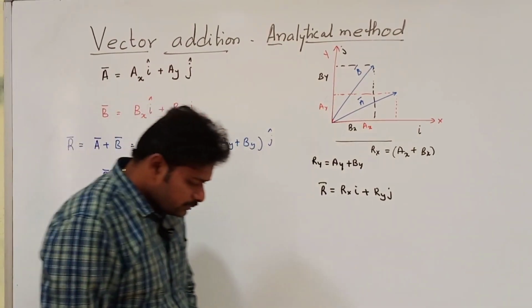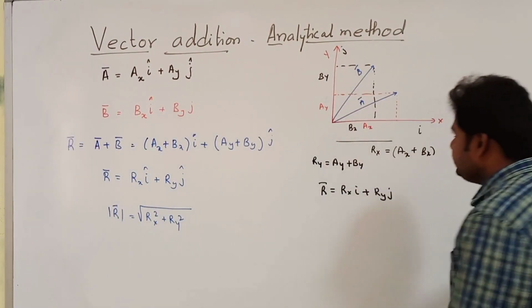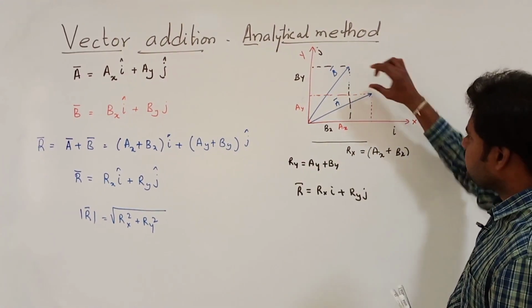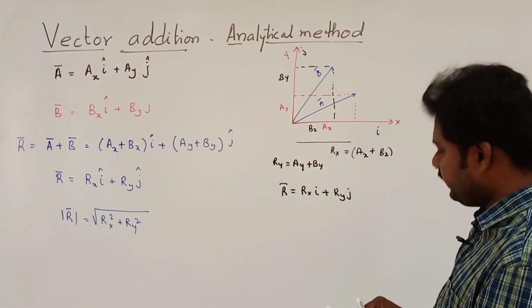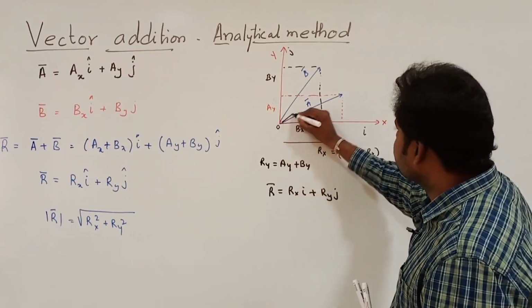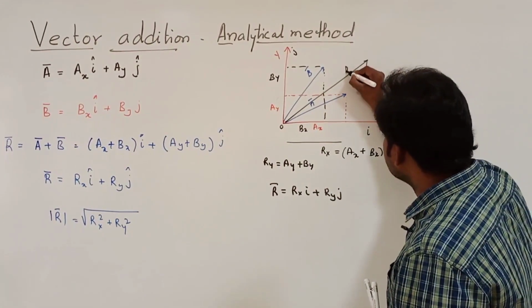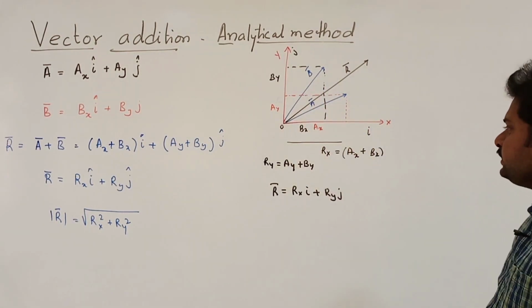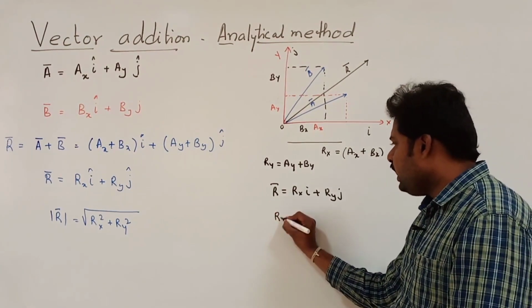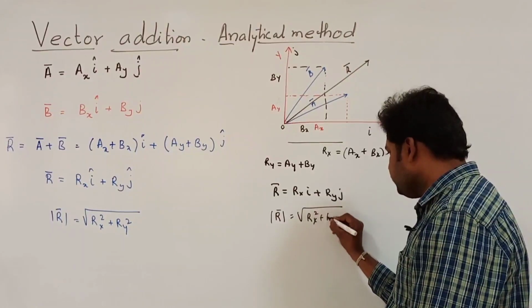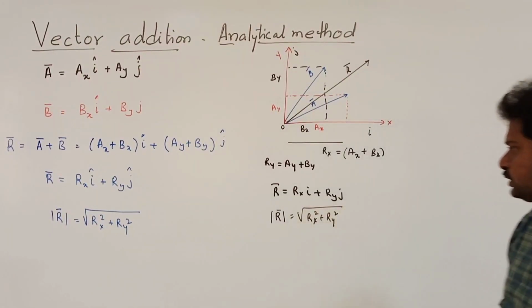Okay. Now the parallelogram law of vectors. Let's apply the simple parallelogram law of vectors. If the two vectors start from the same point, let's say O, the resultant vector should also be drawn from the same point. This is the R vector, which is a combination of A and B, and mod of R is equal to the square root of Rx square plus Ry square.